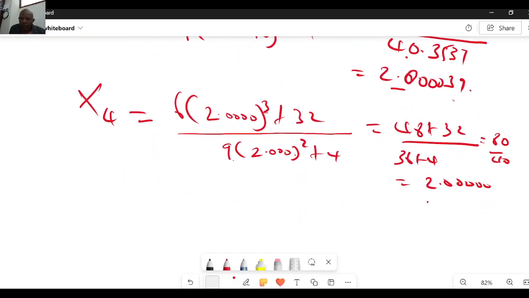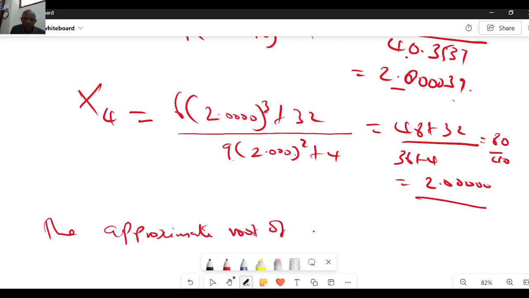Now, what we are simply saying here is that the approximate root of 3x³ plus 4x minus 32 equals 0 is 2.